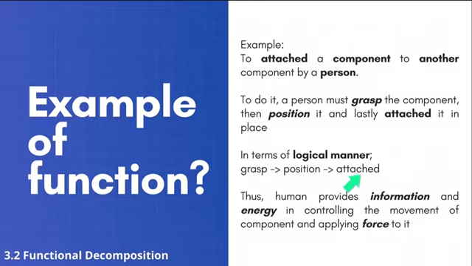To attach the component means that the human provides information also, guiding the component into position, and then gives force to make the component attach. So basically this is the function, where the function has grasp, then position, and attach.